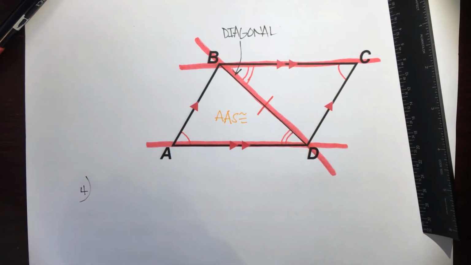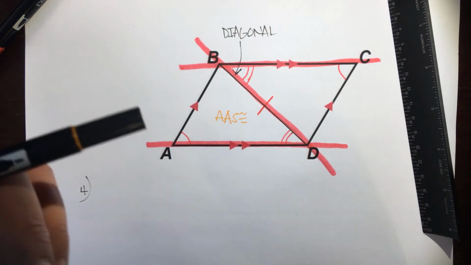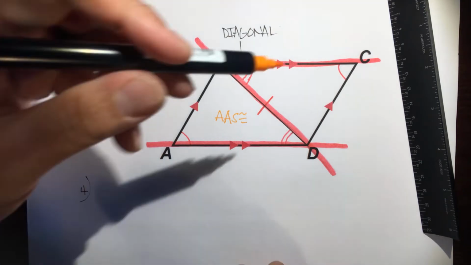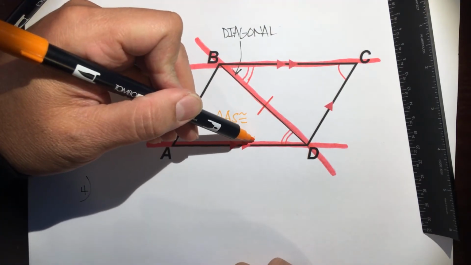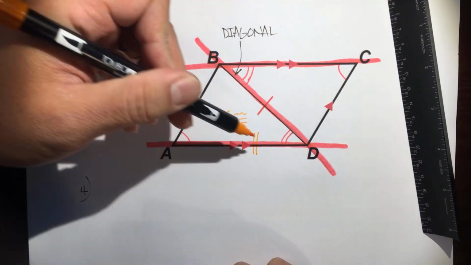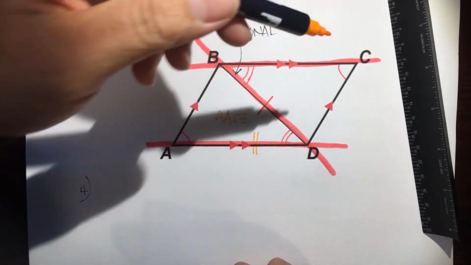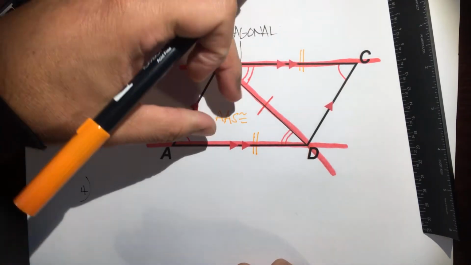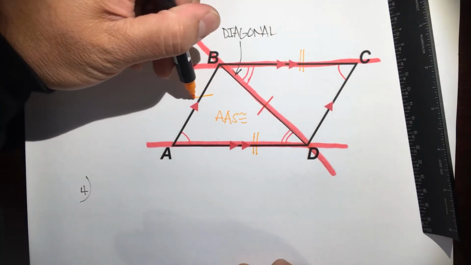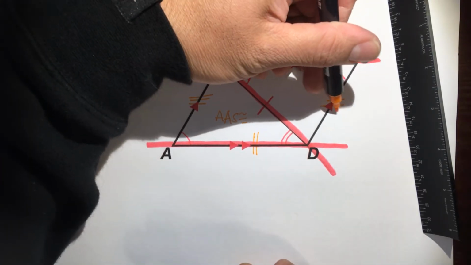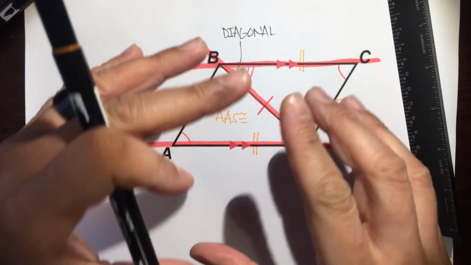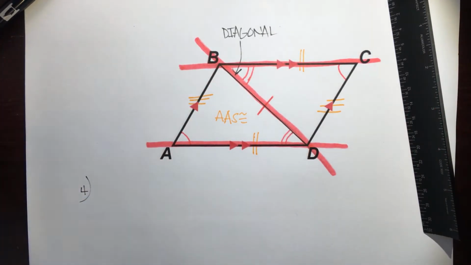And because we know about this thing called CPCTC, corresponding parts of congruent triangles are congruent, it tells us that this side right here in this triangle, that's sandwiched between these 2 angles, is congruent to this side right here. And it also tells us that from this triangle to this triangle, this side is congruent to this side right there. Because when 2 triangles are congruent, all their parts are congruent.